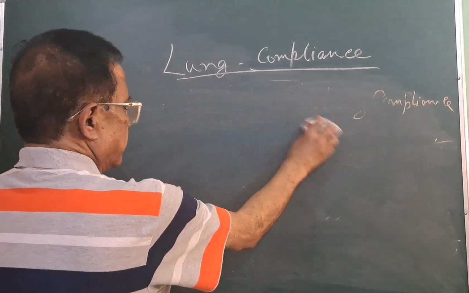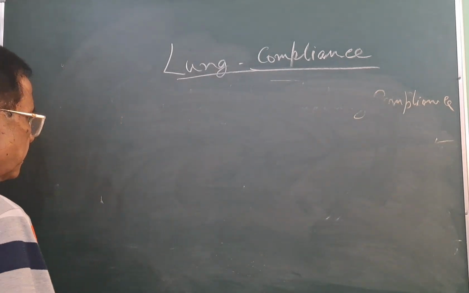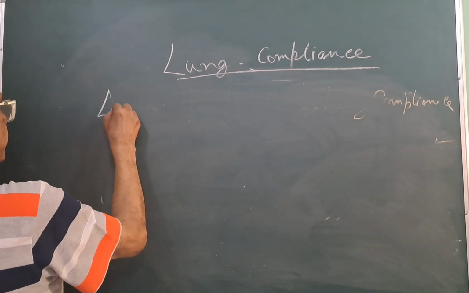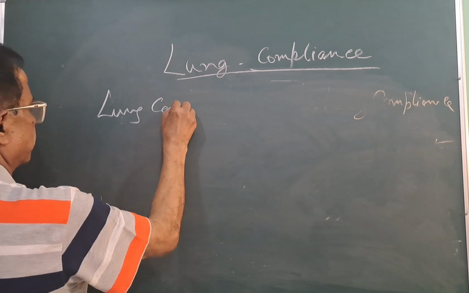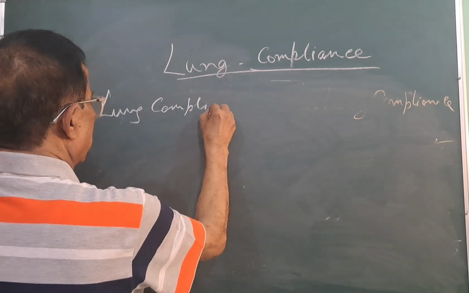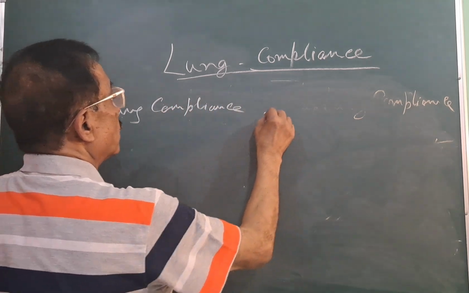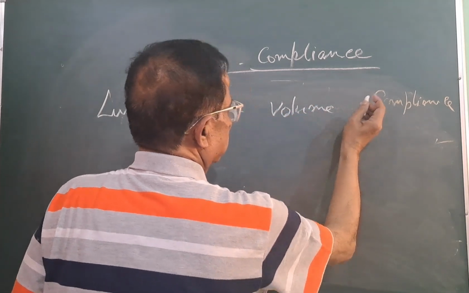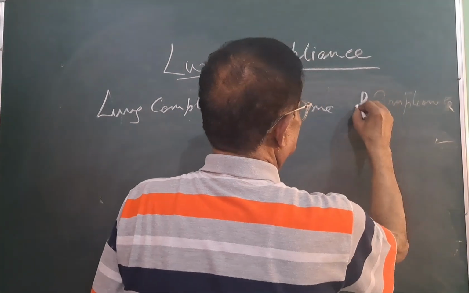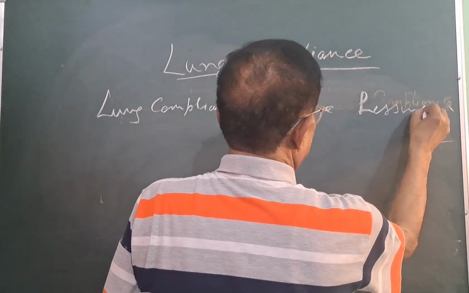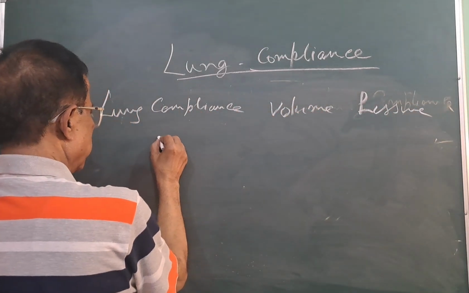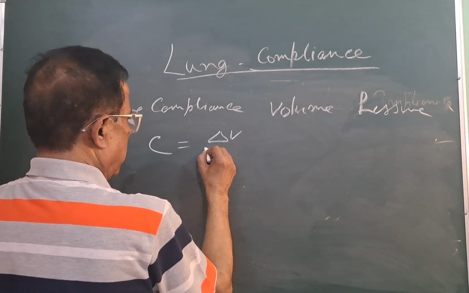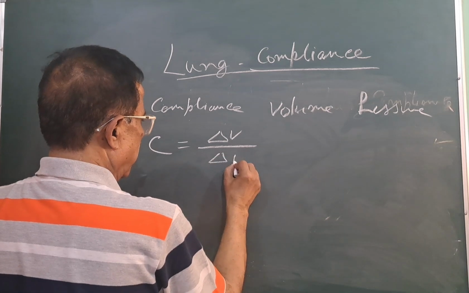Now, the relation of lung compliance with volume and pressure. Lung compliance C is equal to change in volume upon change in pressure.